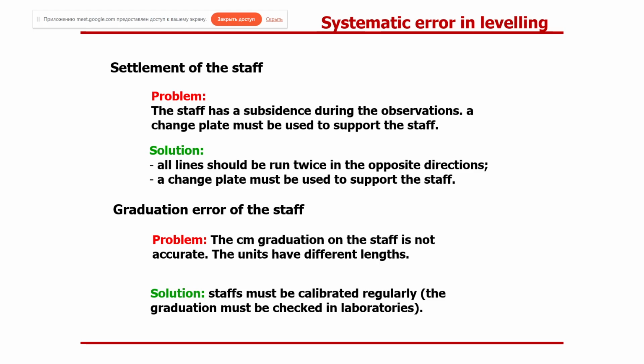The problem is the staff has a subsidence during the observations. A change plate must be used to support the staff. All lines should be run twice in the opposite directions.